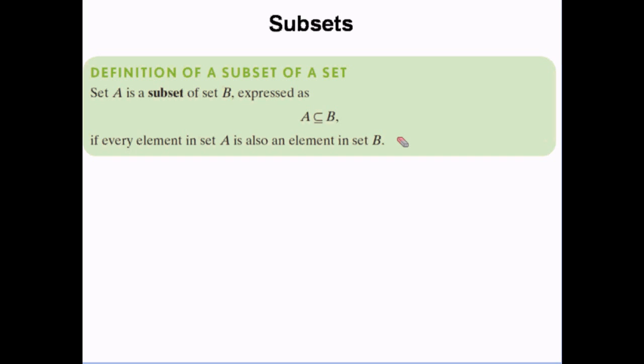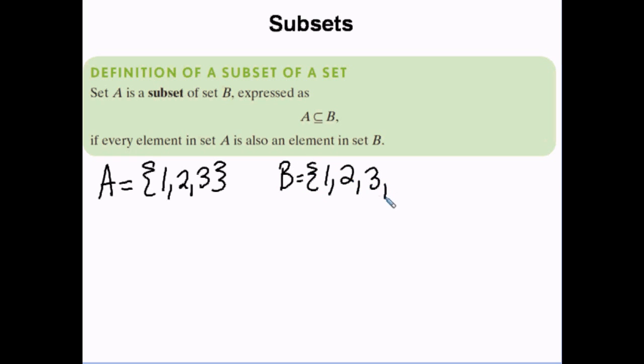Set A is a subset of set B, expressed as A with a kind of squished C with a line under it, B, if every element of set A is also an element of set B. So if I have, as an example, set A is the set 1, 2, and 3, and set B is the set 1, 2, 3, 4, 5, and 6.